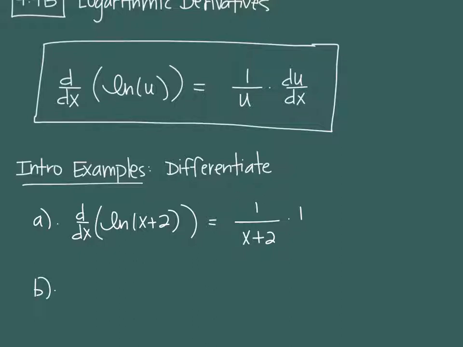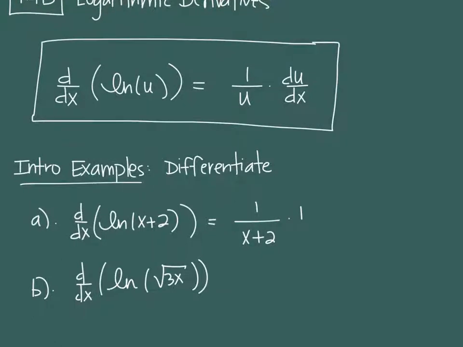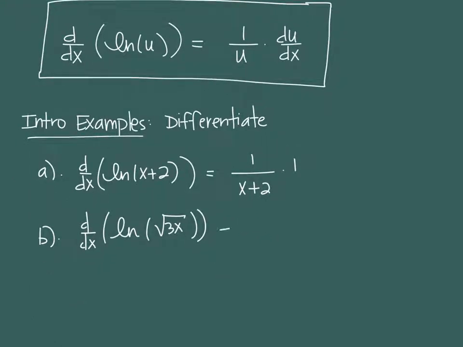All right, here's another one. Suppose you have the natural log of the square root of 3x, and you're taking the derivative of that. The derivative would be the reciprocal, so 1 over the square root of 3x, and then the derivative of that.